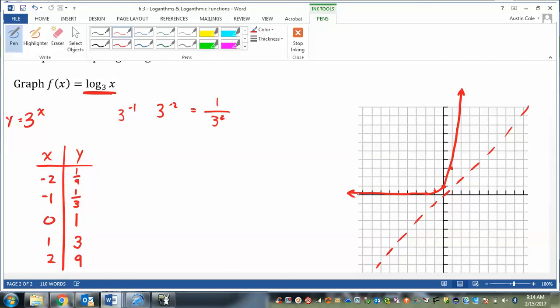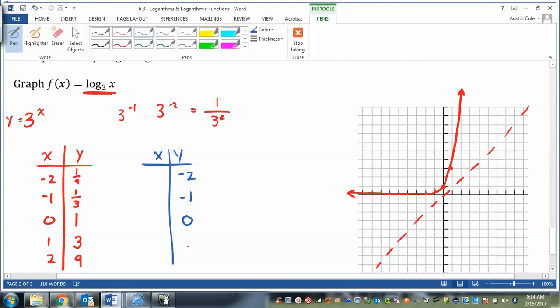But what I'm going to do is switch my x and my y coordinates, because we know inverses have that property. So I'm going to make my x's over here now my y's. So negative 2, negative 1, 0, 1, and 2. My x's over here become my y's over here, and my y's over here become my x's.